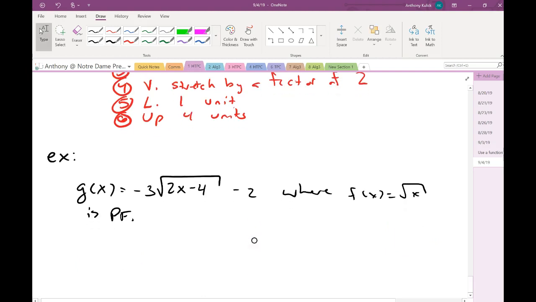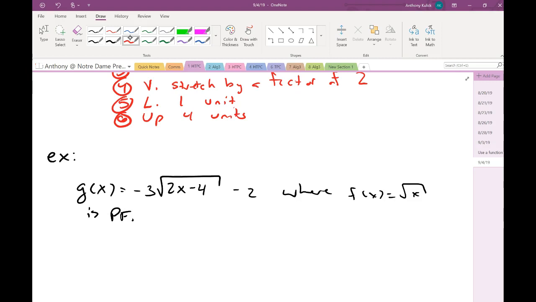So let's say our function is g of x equals -3 times the square root of 2x minus 4, minus 2, where the square root of x is our parent function. So again, what I'm going to try to do is describe the transformation in words. This is a little bit tricky, though, right? There's a couple of things to worry about.